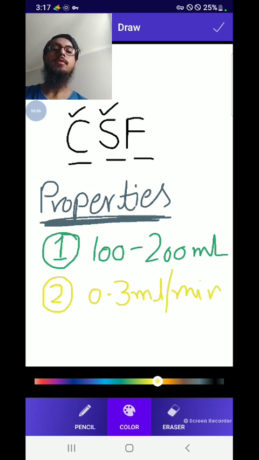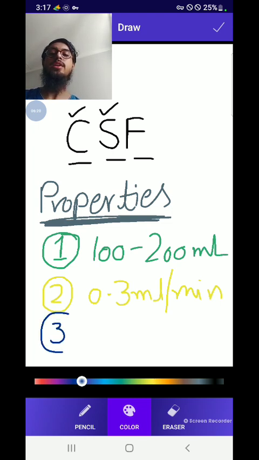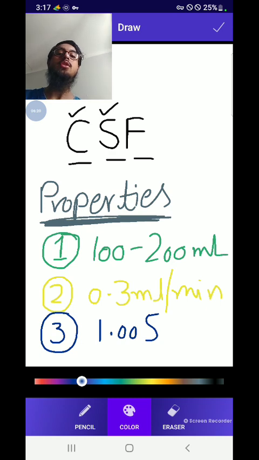The CSF is produced at this rate, 0.3 ml per minute, so it means 600 to 700 ml per day. Now the third property: what is the specific gravity of the CSF? The specific gravity of the cerebrospinal fluid is 1.005.